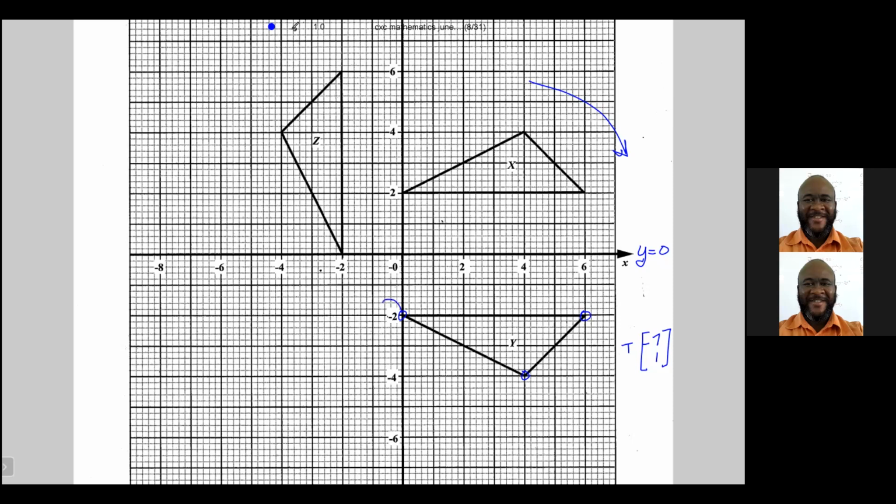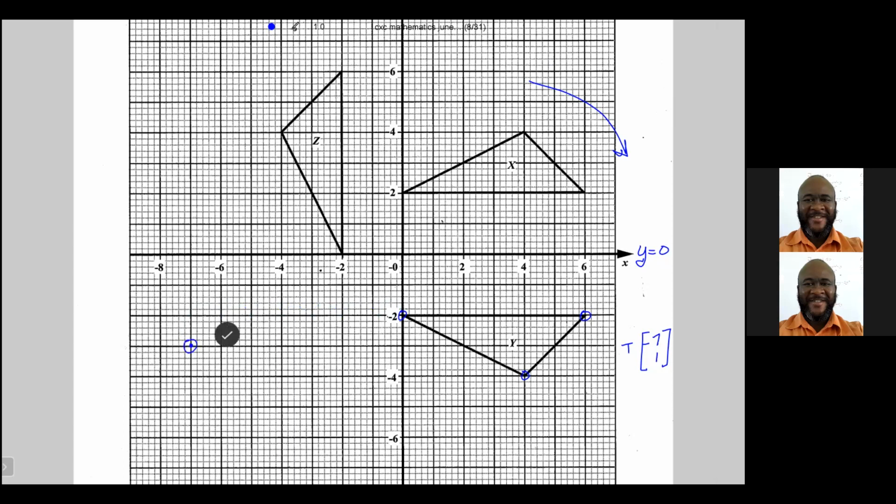So if I do that, 1, 2, 3, 4, 5, 6, 7 units, and 1 unit down, that will bring me here. So this would be the new position of that vertex. That new position is -7, -3.